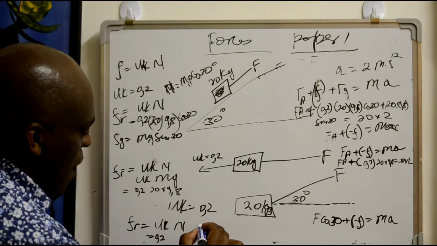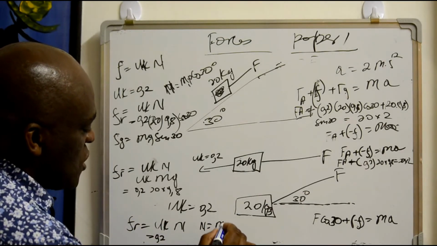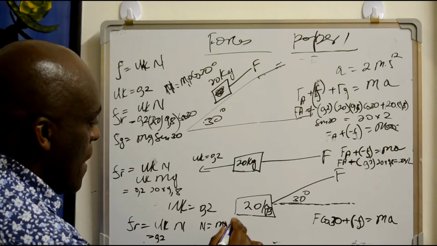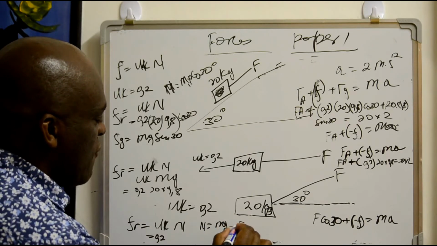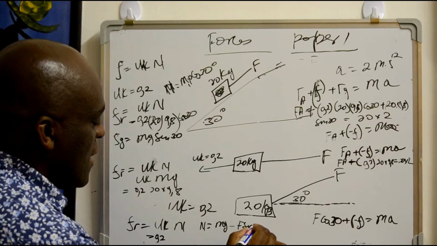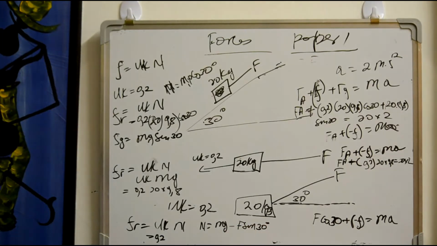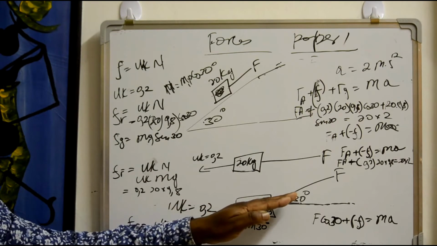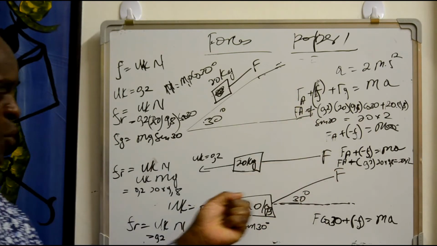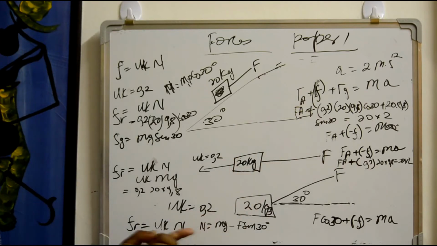If you pull something at an angle, my normal now is mg minus F sine 30 degrees. I so wish you to understand. You're pulling this object at an angle, then my normal is mg minus F sine 30.